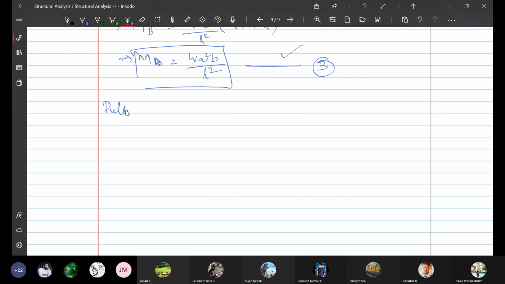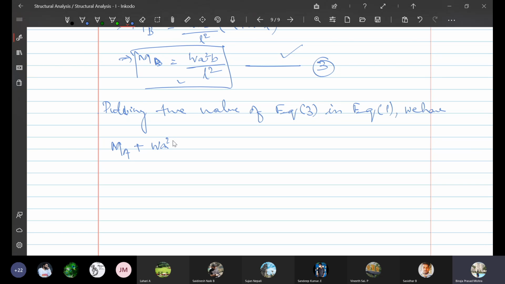Putting the value of equation 3 in equation 1, we have MA plus WA square B by L square equals WAB by L. So this part comes this side.